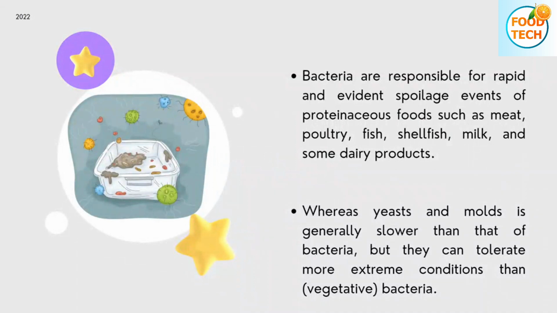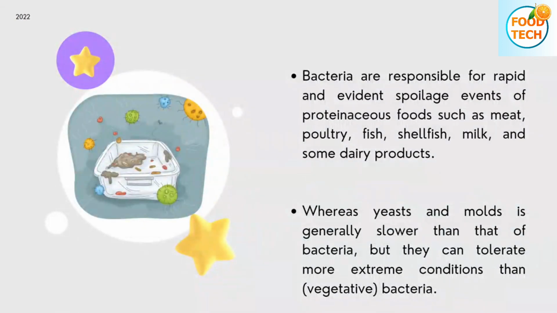So guys, yeast and molds are very notorious. Why? Because these are the guys who can survive in harsh conditions. They can survive in low pH, even in high salt concentration. Yeah, even if there are high sugar concentrations, they can survive. They can even survive in dry foods.